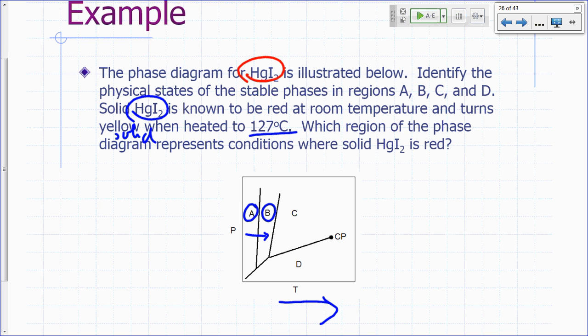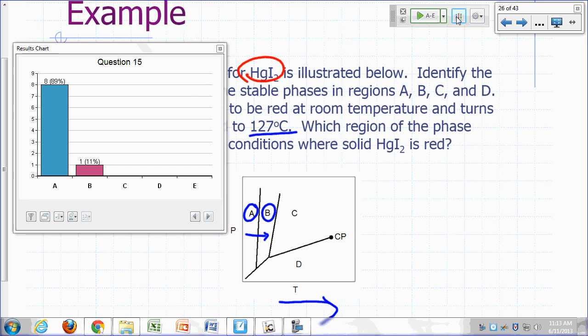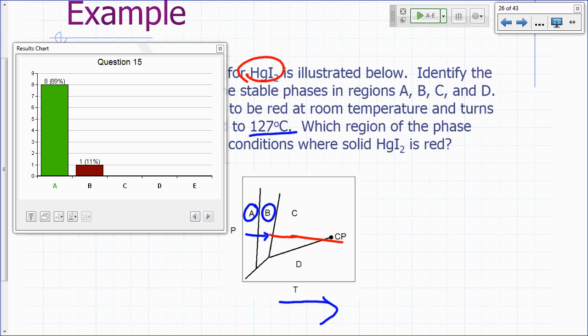So it's red when it's in region A. When you heat it enough, raise its temperature enough, it switches over to region B, and it becomes a yellow solid. And if you keep heating it, what happens to it? Eventually it melts, turns into a liquid. If you keep heating it, eventually it turns into a gas.